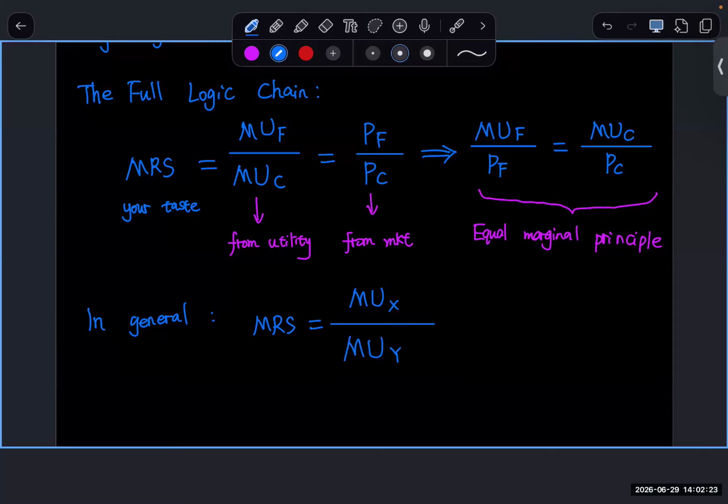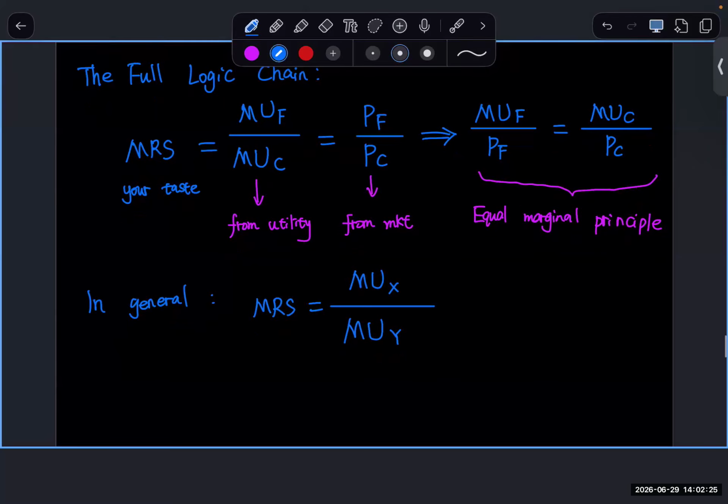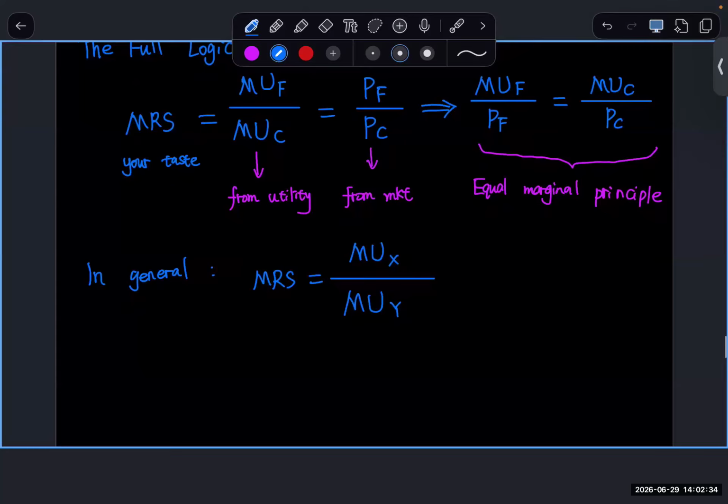Here is the general form. You guys gonna use this formula a lot, so please bear in mind. MRS is the ratio of marginal utility of horizontal divided by vertical goods, right?